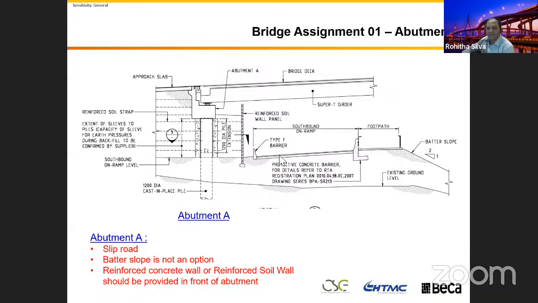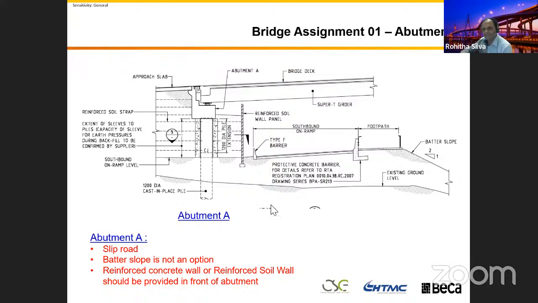If you want to design this without RSW, you can design with an RC wall. Instead of this, you can have a reinforced concrete L-shaped wall in here. That wall needs to take the earth pressure. It's not that difficult to build either, because the piles are spaced at 7 meters.